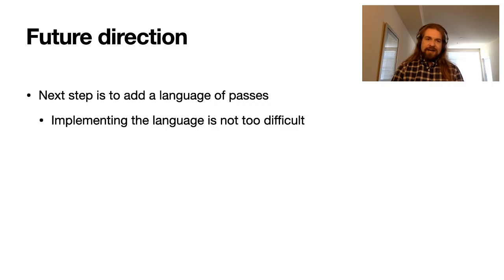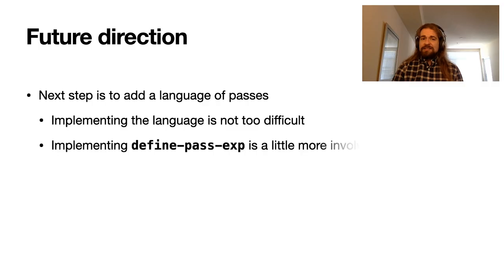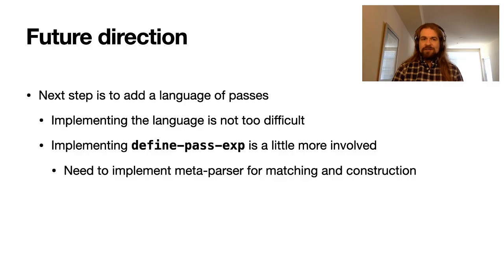But with that caveat, implementing the languages is not too difficult. I think implementing define-pass is going to be a little bit more involved, but it's fairly straightforward. I think it's mostly just work. We need to implement the meta parser for matching and construction because we can no longer rely on the core Nanopass system for doing those things for us.